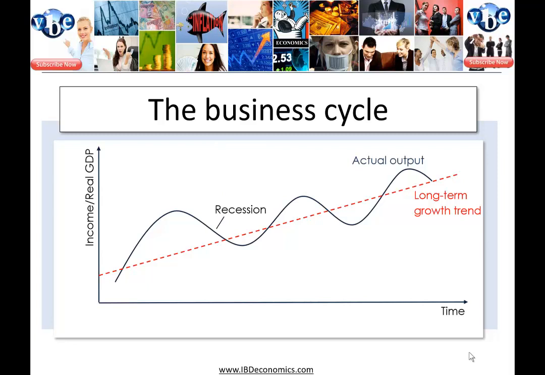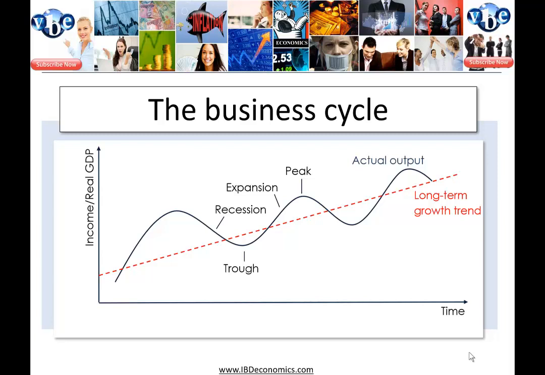Recessions are indicated by the negative slope of our business cycle. Trough is right down the bottom. Expansion is when our economic output, real GDP, starts to turn positive and the economy is growing. And the peak is before the end of the expansion and the start of the recession again.